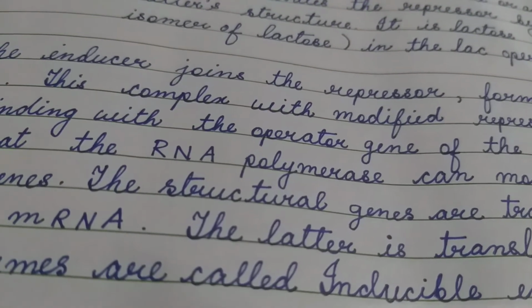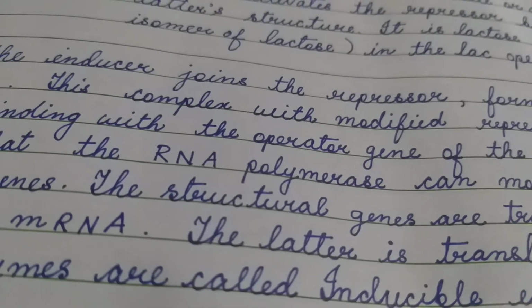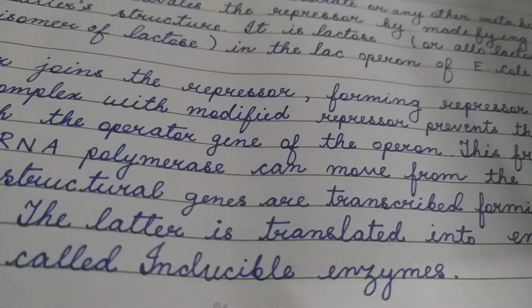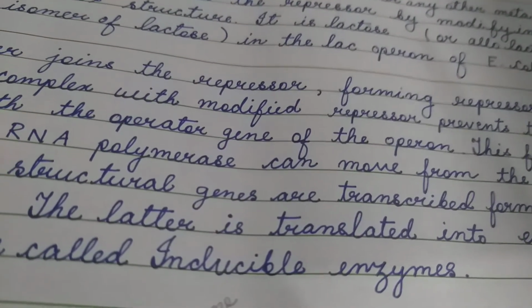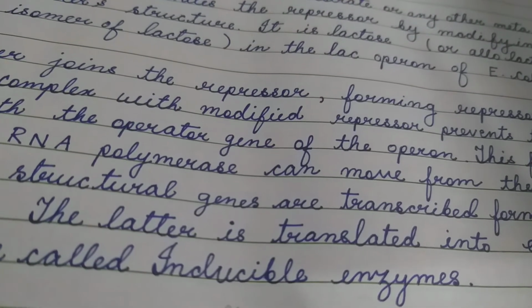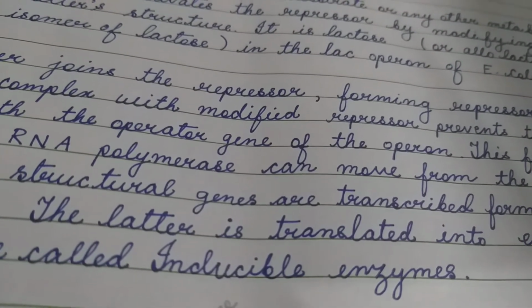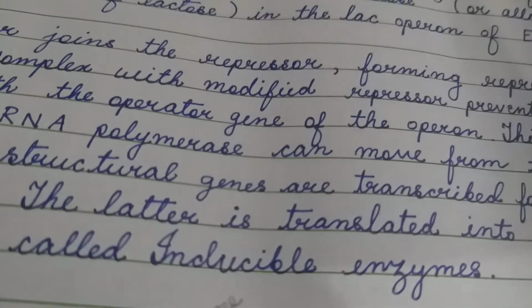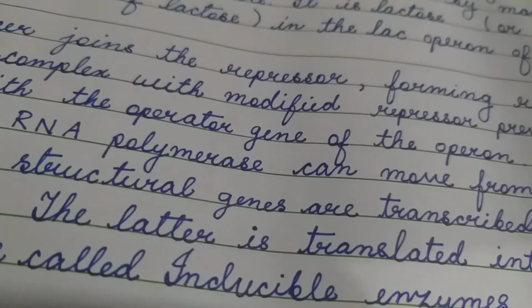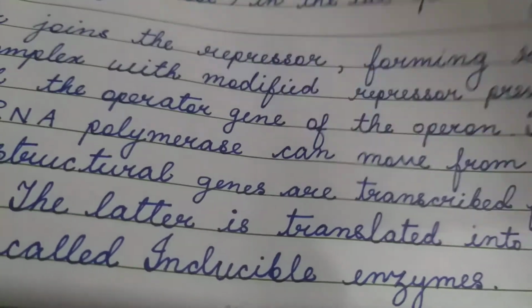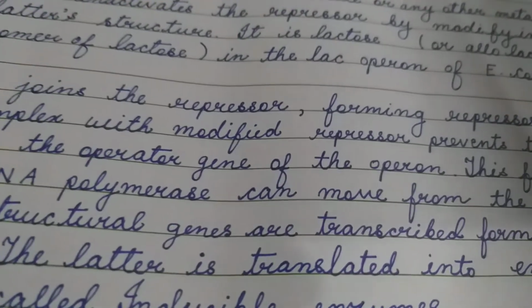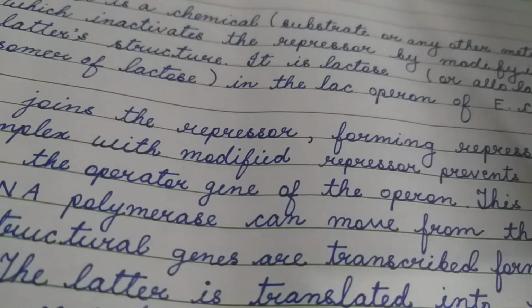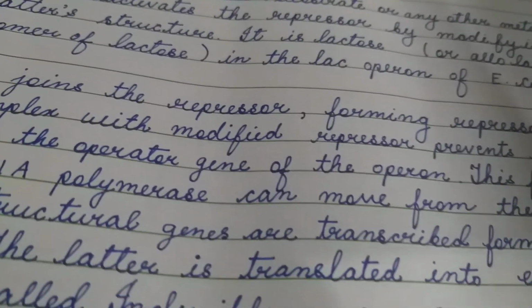The inducer is bound to the repressor, modifies its structure and forms an inducer-repressor complex. The modified repressor is unable to bind to the operator gene, so it remains free and is not obstructed by the repressor, which is a regulatory protein.